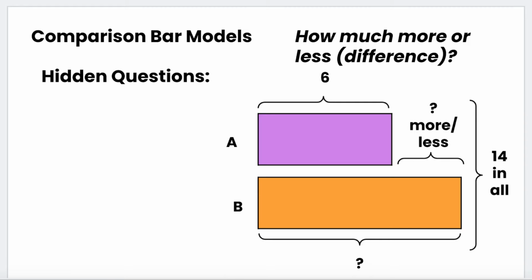How much more or how much less is a value? Now, this comparison bar model has a place to identify this amount, the difference. So between the purple Starburst and the orange Starburst, there is what we call the difference, how much more an amount is or how much less an amount is.